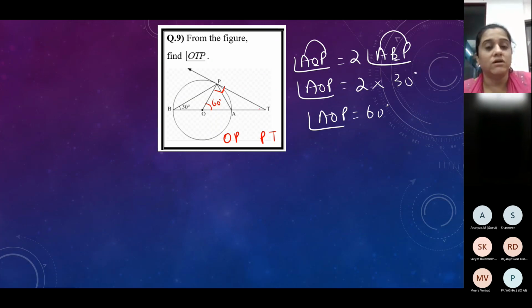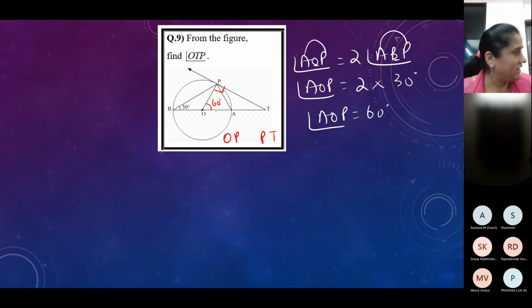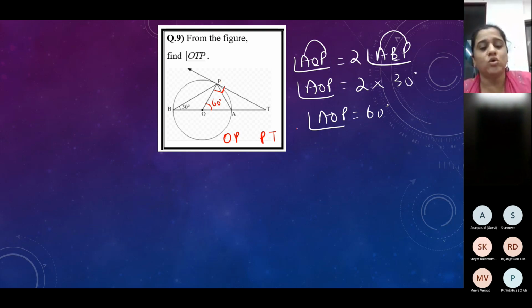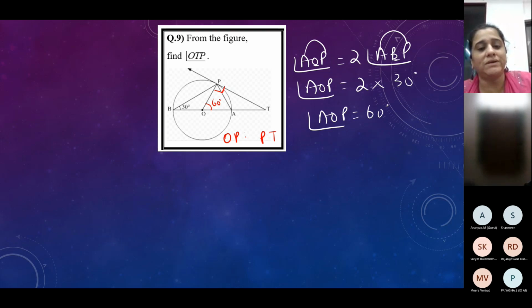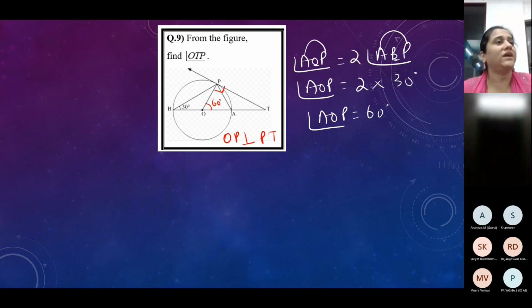So, in the circle, AP is not the radius. OP is the radius and PT is the tangent. By the theorem, OP is perpendicular to PT because the tangent and the radius through the point of contact are perpendicular to each other. So this is 90 degrees. Very carefully you should mark this is 90 degrees.